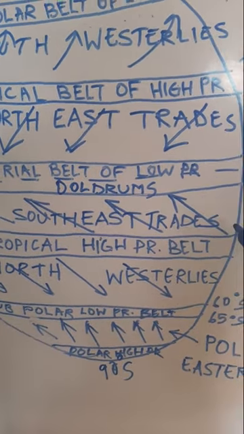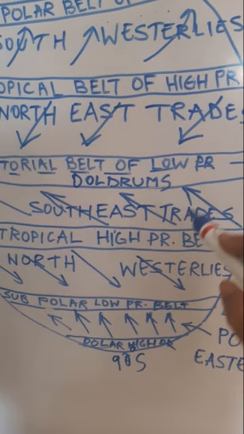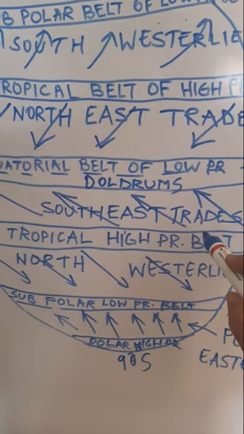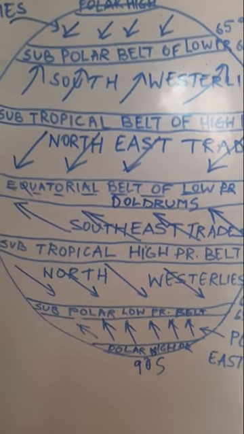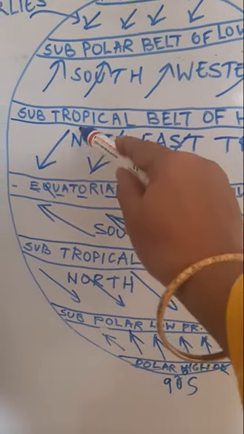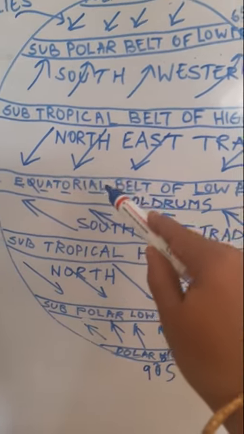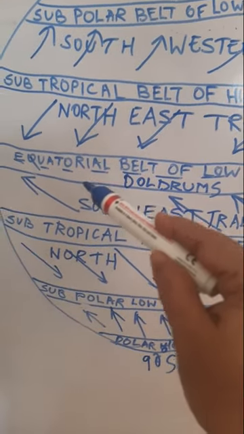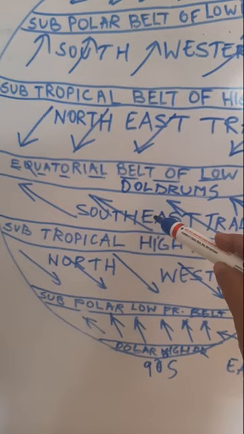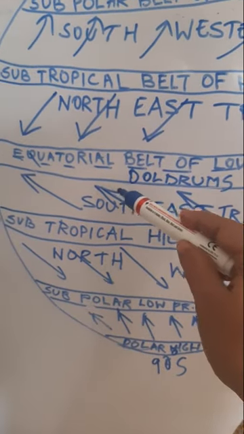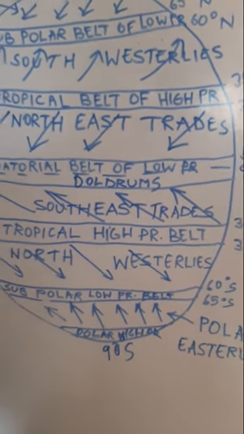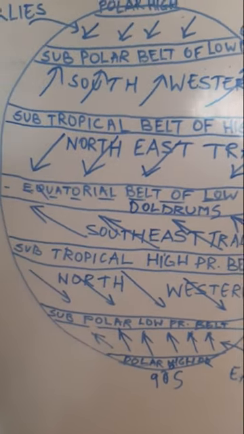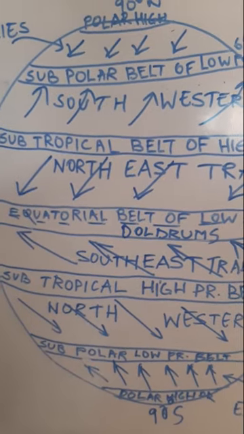The direction is from the southeast, and so I have written it as southeast trades. In the northern hemisphere it is coming from the northeast, so the name is northeast trades. In the southern hemisphere, just south of the equator, it is coming from the southeast direction, and so it is southeast trades.